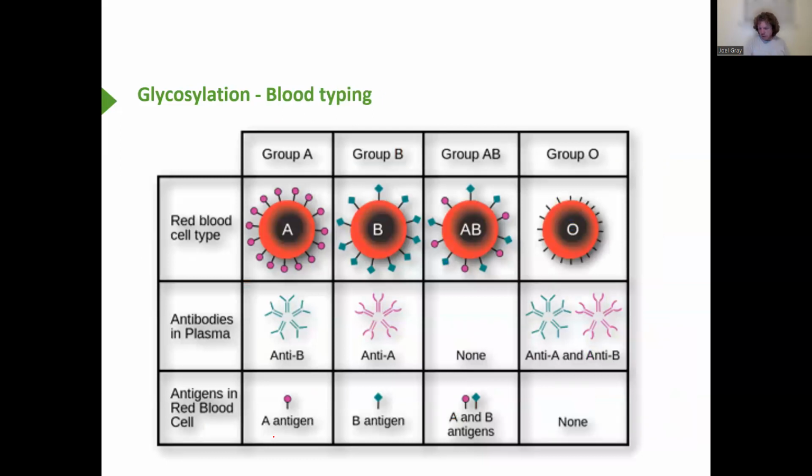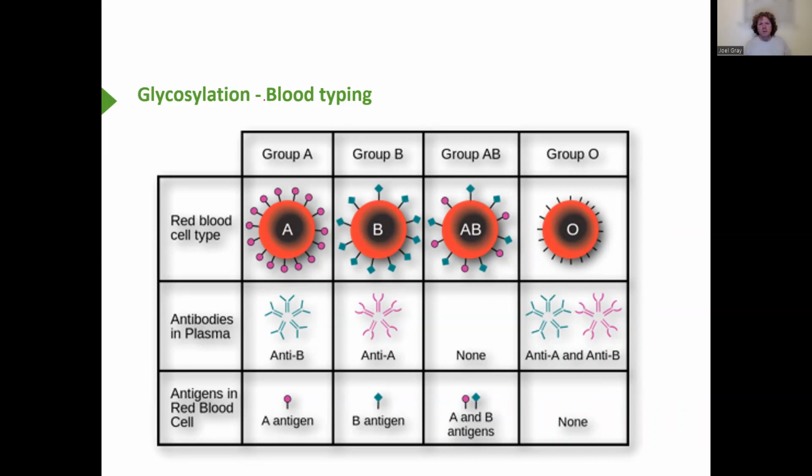In addition to that, these glycosylations are essential for distinguishing blood types. Basically, your blood type is determined by the presence or absence of a glycosylation or glycosylations.